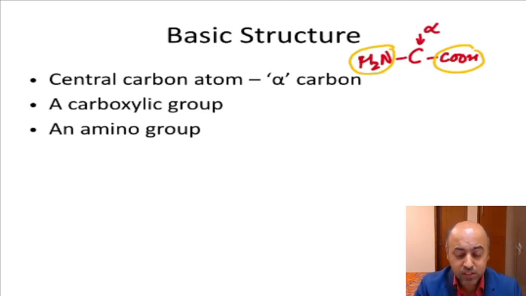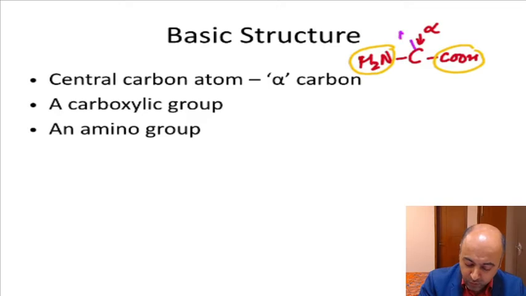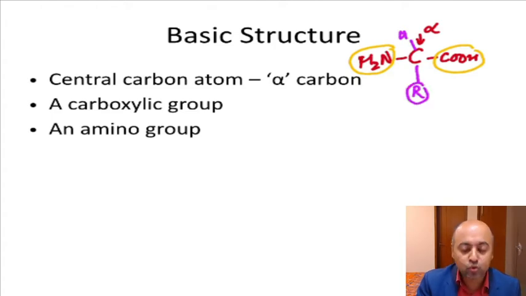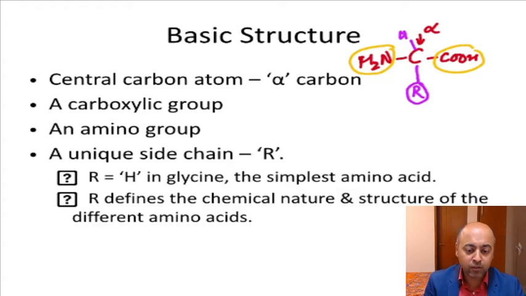Very simple, very obvious. Okay, in addition to this, you will have one hydrogen at the third valency. The fourth position is the one which shows the variation. So we have what we call the unique side chain R, and this R will be H in glycine.